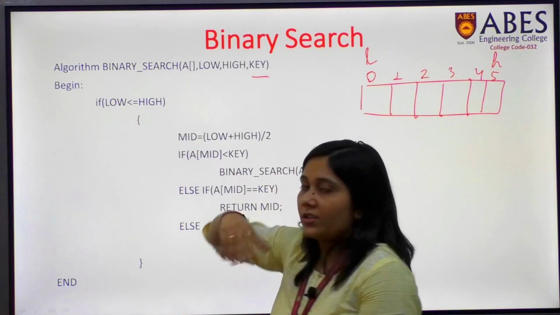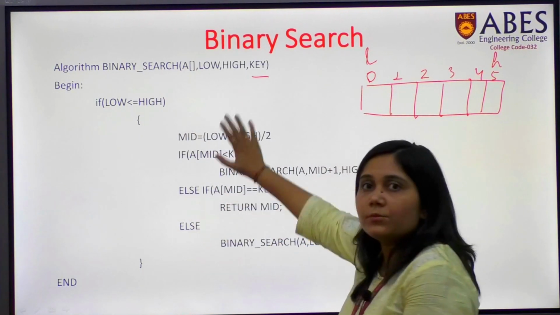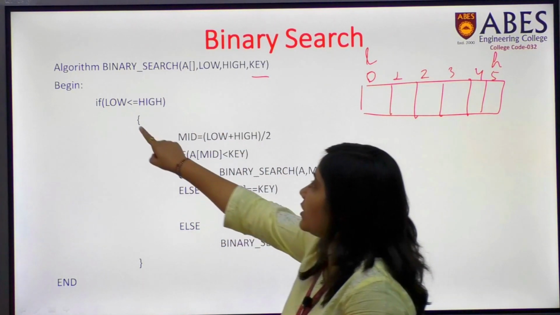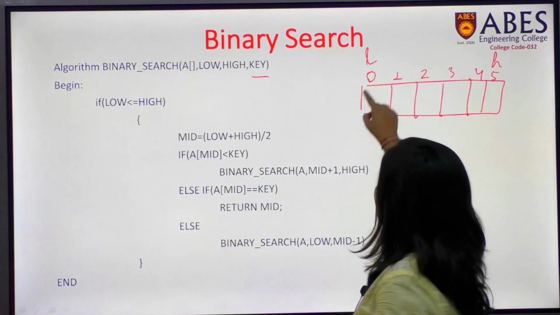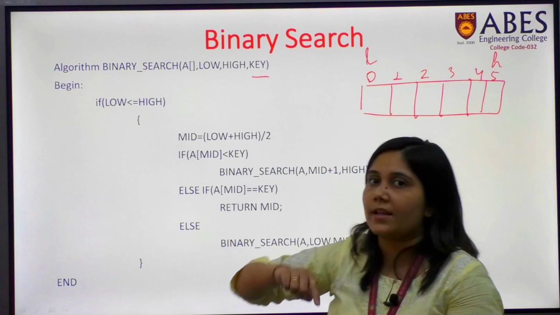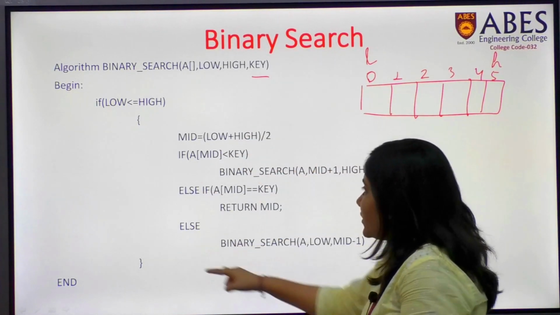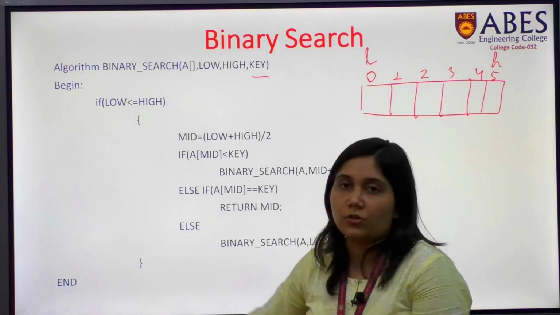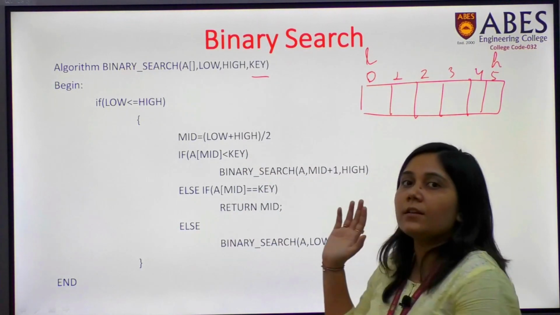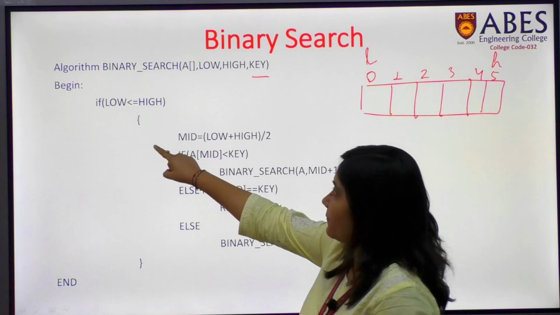Now the concept is how this particular procedure is going to work. If the lower index is less than or equal to the higher index, till then we will be running all these statements. Otherwise we have to stop, come out of this loop and go back to the main function.